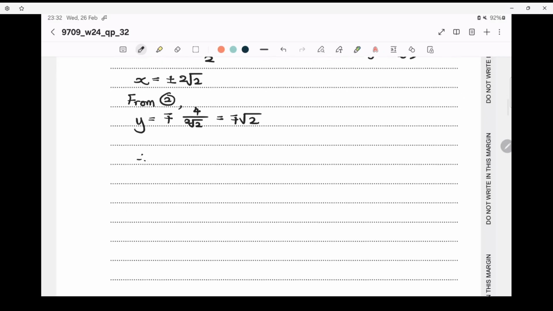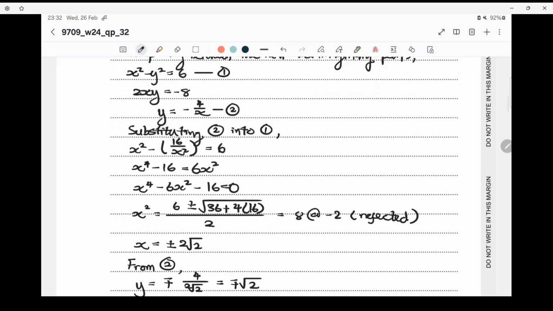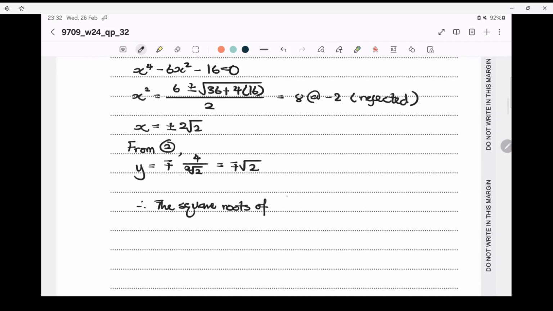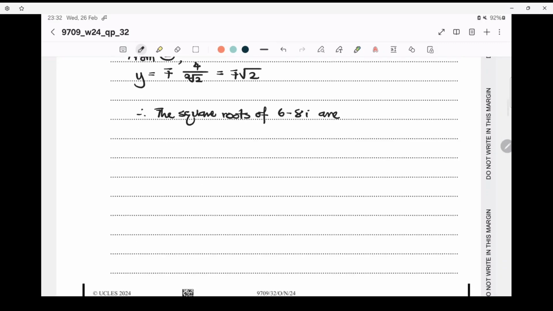So finally, write down the square roots. So it will be the square root of 6 minus 8i, or 2 square root 2 minus square root 2 i, or minus 2 square root 2 plus square root 2 i.